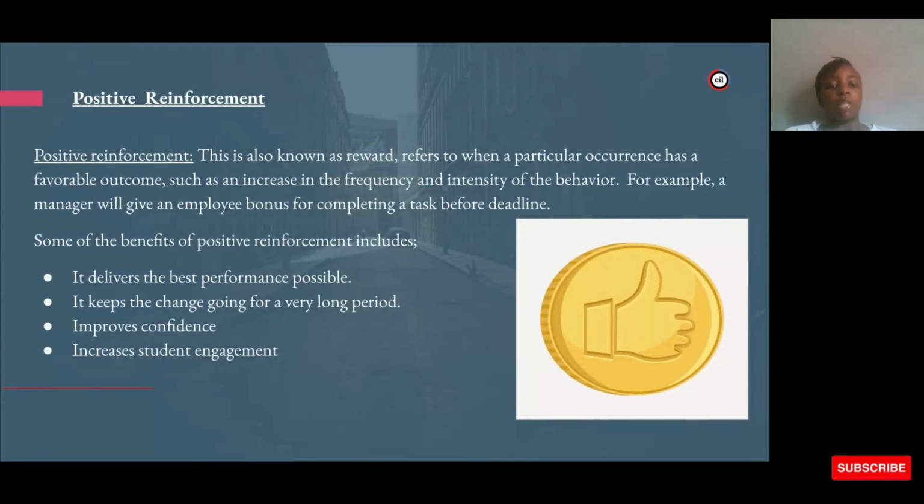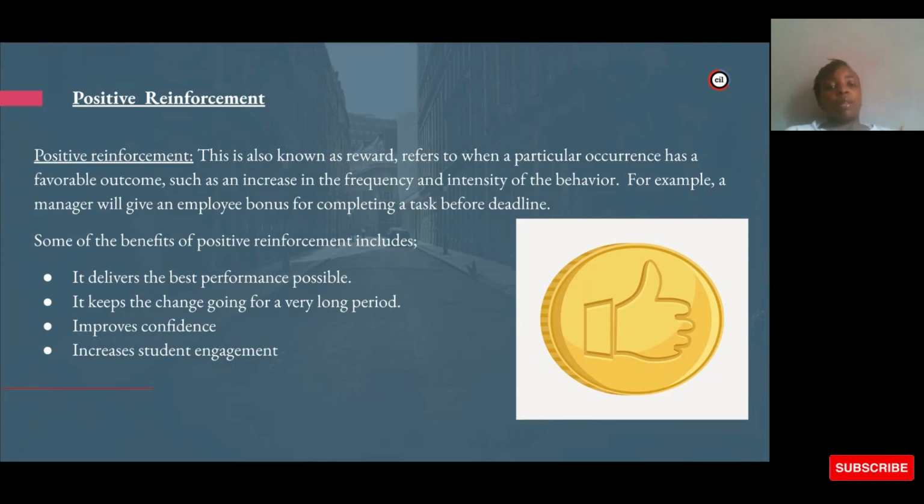It will help you in your engagement, in relating with both your fellow students or your teacher. So positive reinforcement would actually help you a lot. It will help you to intensify your behavior towards attaining something positive for yourself.